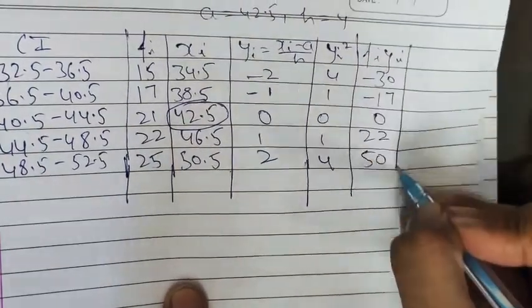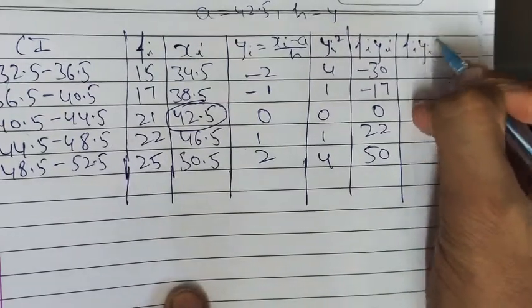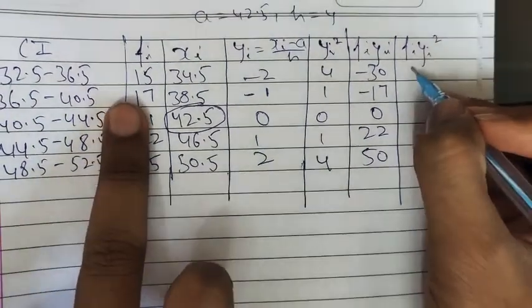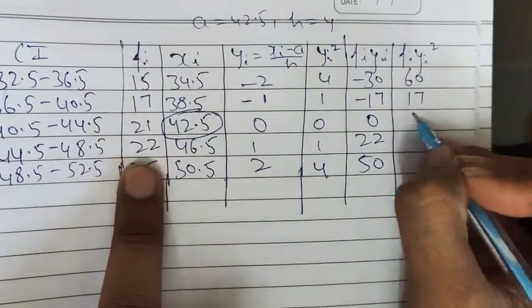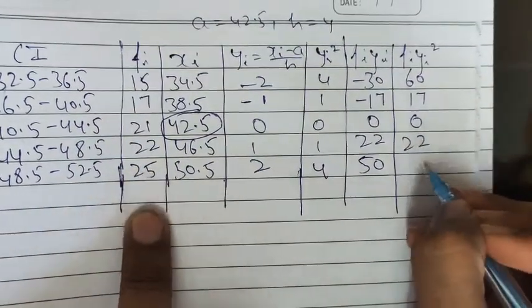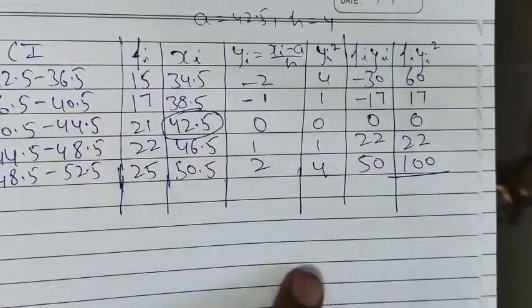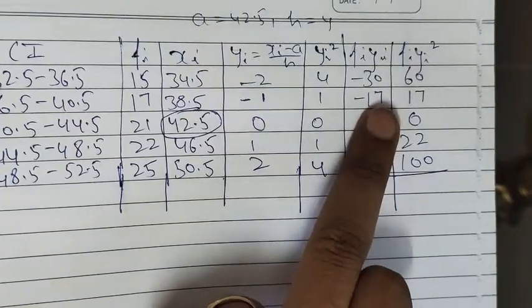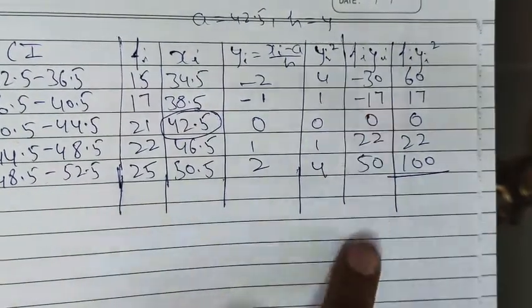Next column is fi yi square. So 15 multiplied by 4 is 60, 17 multiplied by 1 is 17, 0, 22 multiplied by 1 is 22, 25 multiplied by 4 is 100, right? So the sum of all this will be 199.